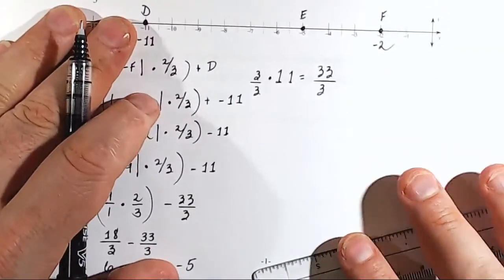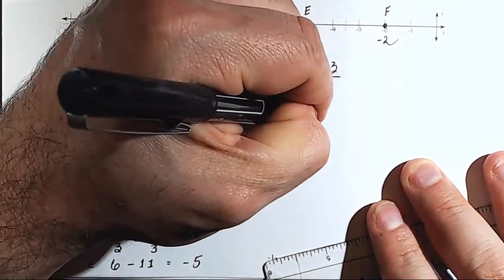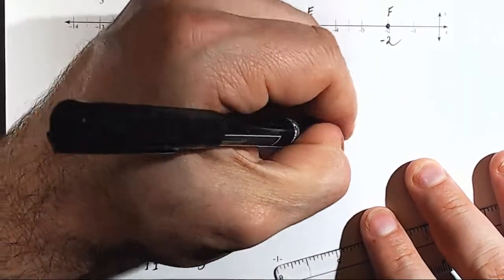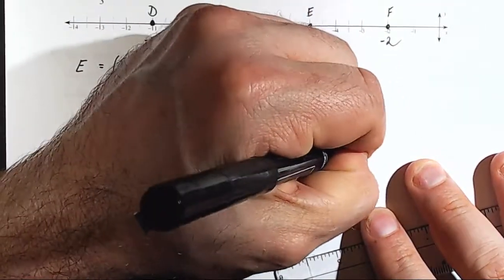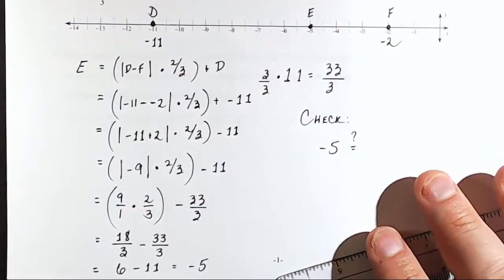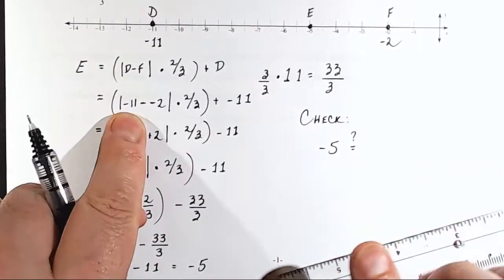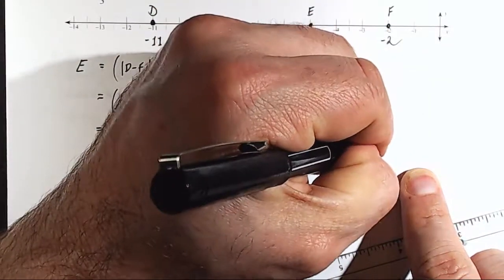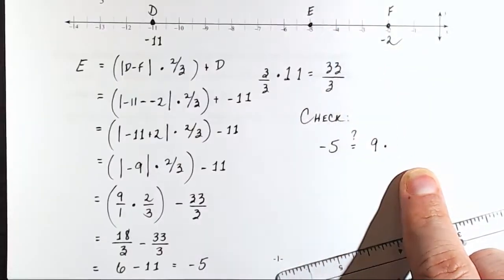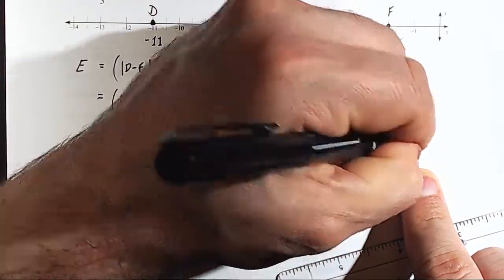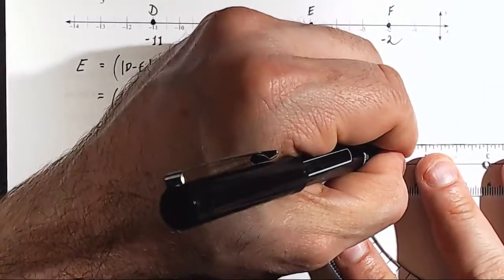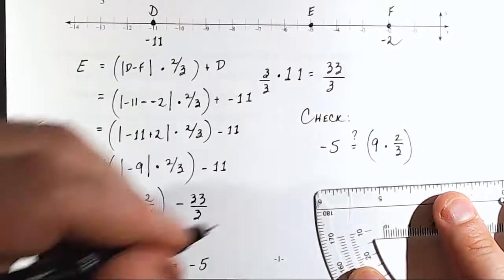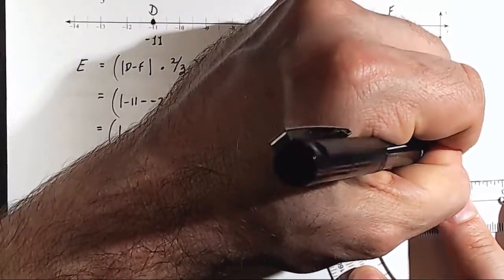So let's check. What should this look like? Let's make sure, because we did a lot of math right there. Negative 5 should equal, all right, what should it equal? It should equal 9 times 2/3 minus 11.